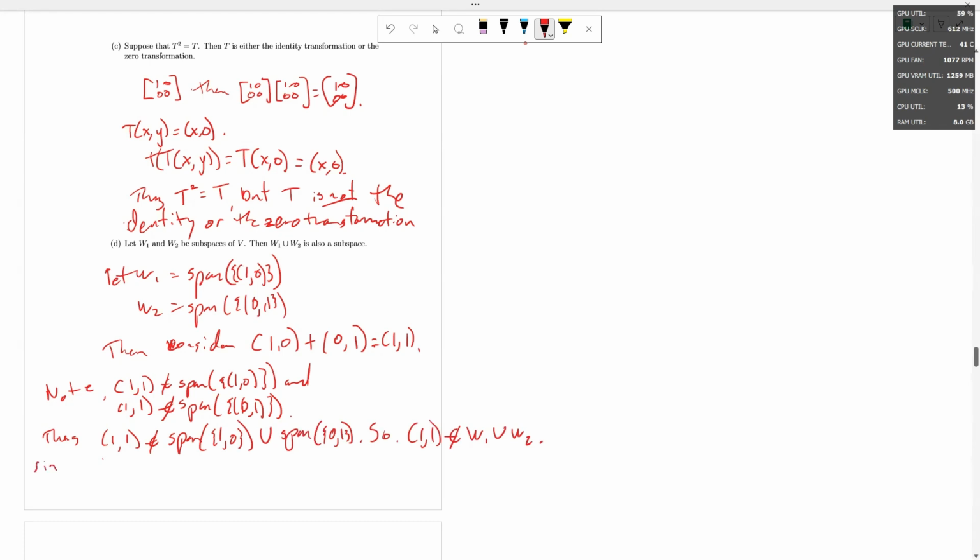Since (1, 0) was in W1 union W2 and (0, 1) is in W1 union W2, this set is not closed under addition.